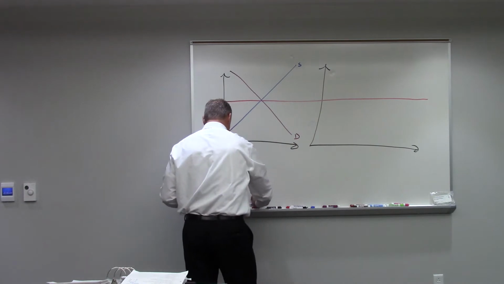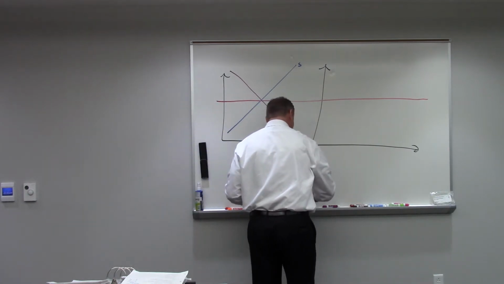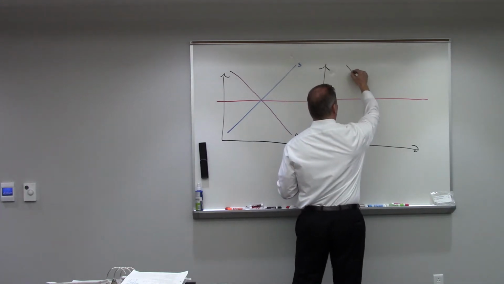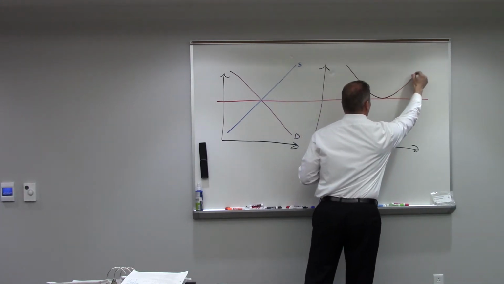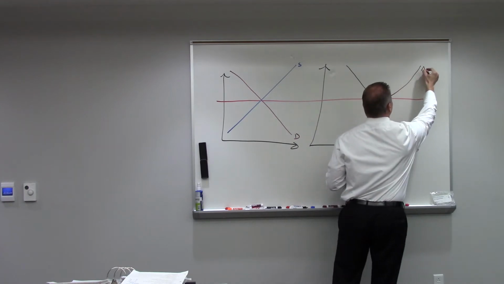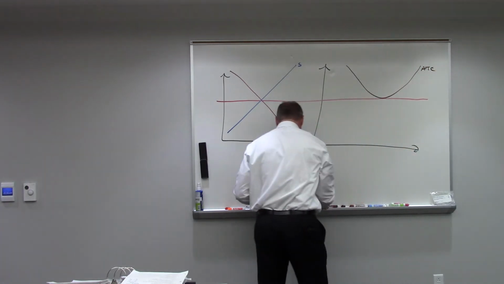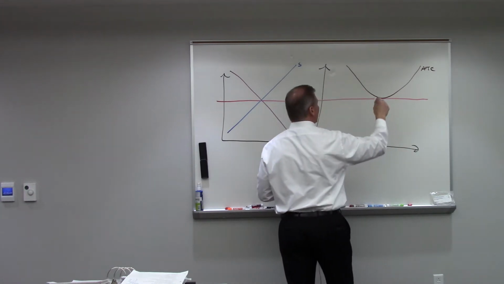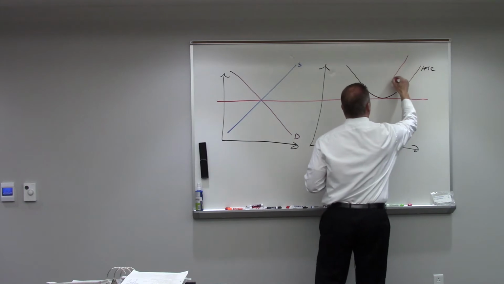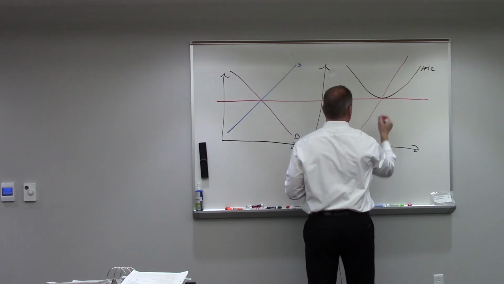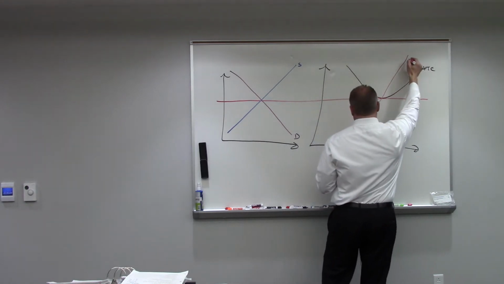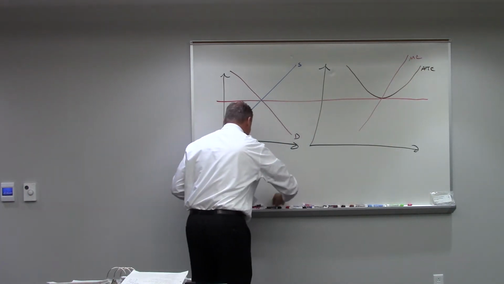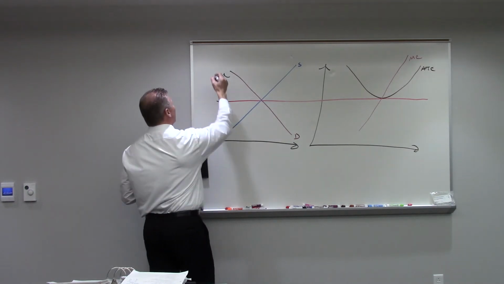Now I'm going to add, let's go with some brown here. Not perfect. That's an average total cost curve. Let me throw in some pink if I can get it to show up. It's supposed to be all in the same line. That'll work. By the way, it's all set up the same way as you would imagine.